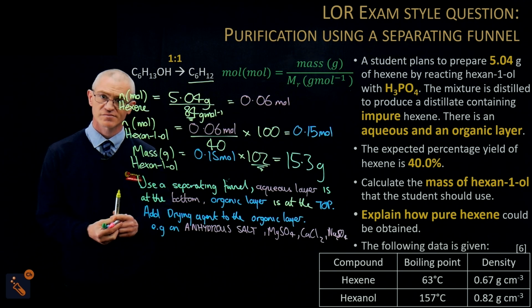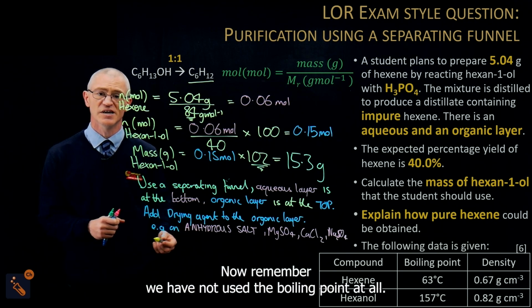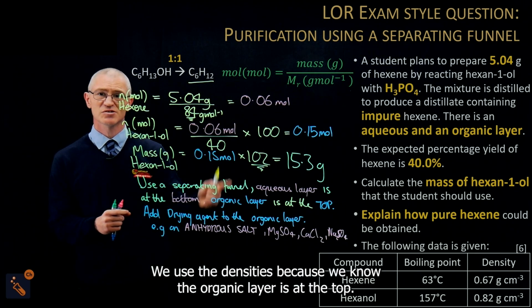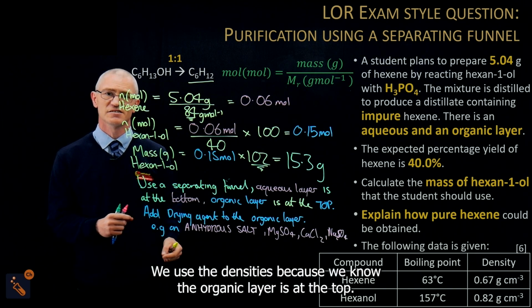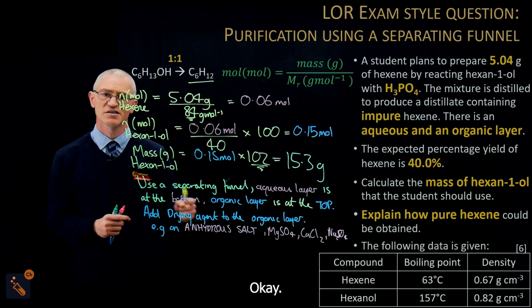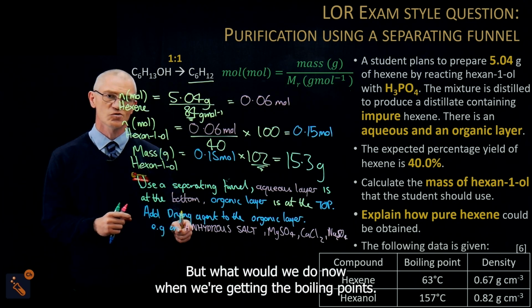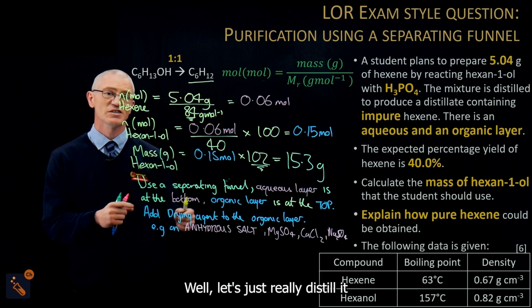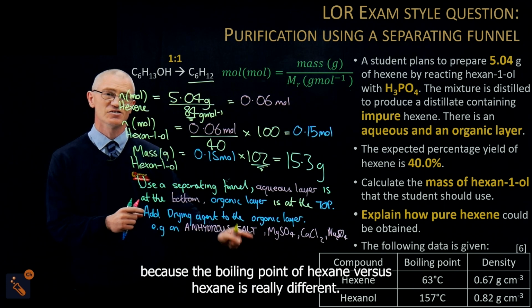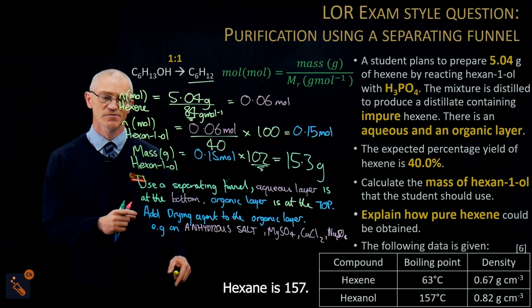Now, if we're going to finish off, remember we have not used the boiling points at all. We use the densities because we know the organic layer is at the top and the aqueous layer is at the bottom. But what would we do now? Well, we're given the boiling points. Let's just redistill it, because the boiling point of hexene versus hexanol is really different. Hexanol is 157.